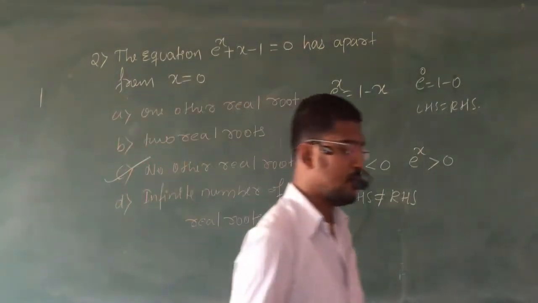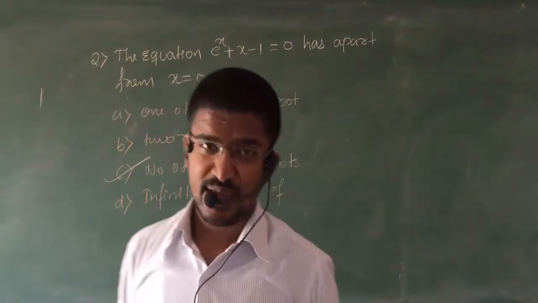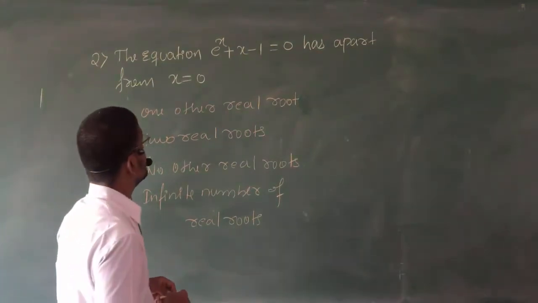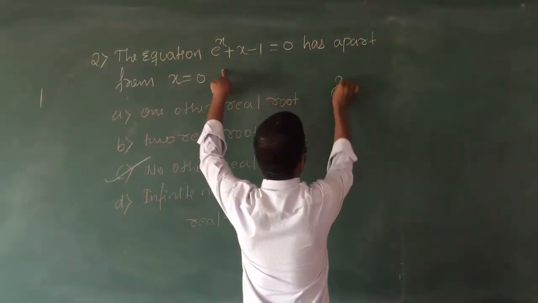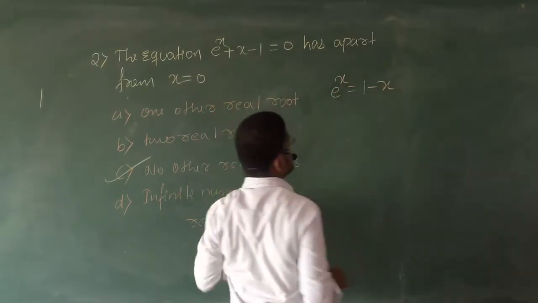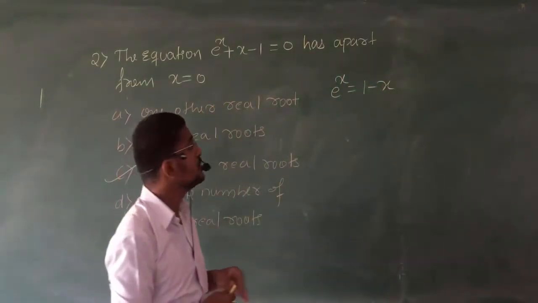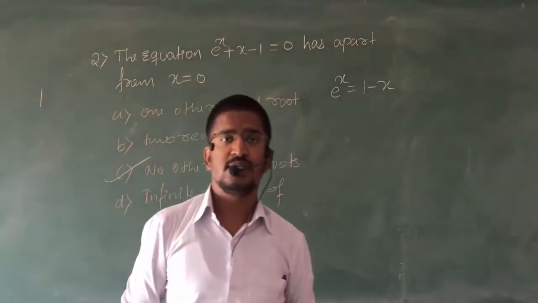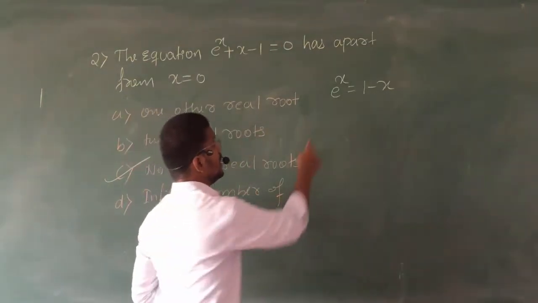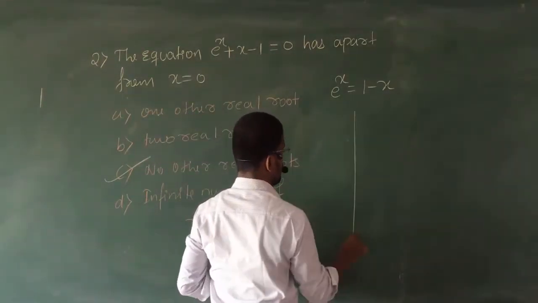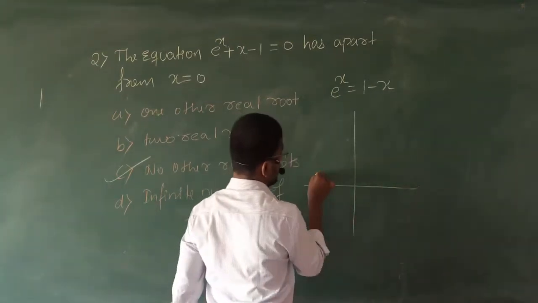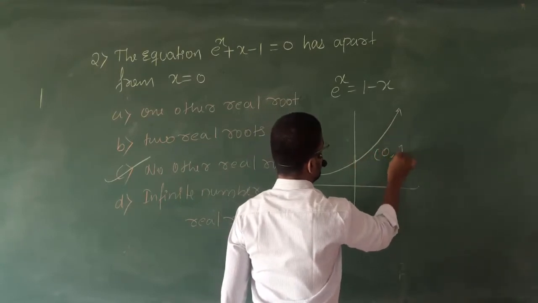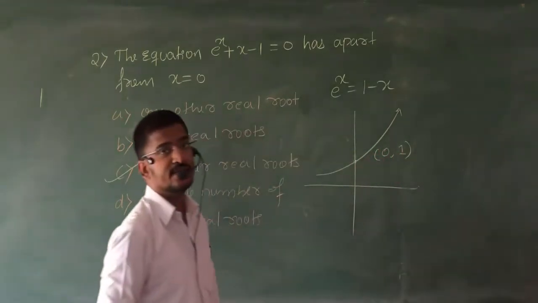Clear? Okay. Now let us solve the same problem with a graphical representation. See here, this can be written as e to the power of x equals 1 minus x. You have two functions: one is e to the power of x, another one is 1 minus x. The e to the power of x graph will be like this. Here it is 0, 1, x is 0, y is 1.